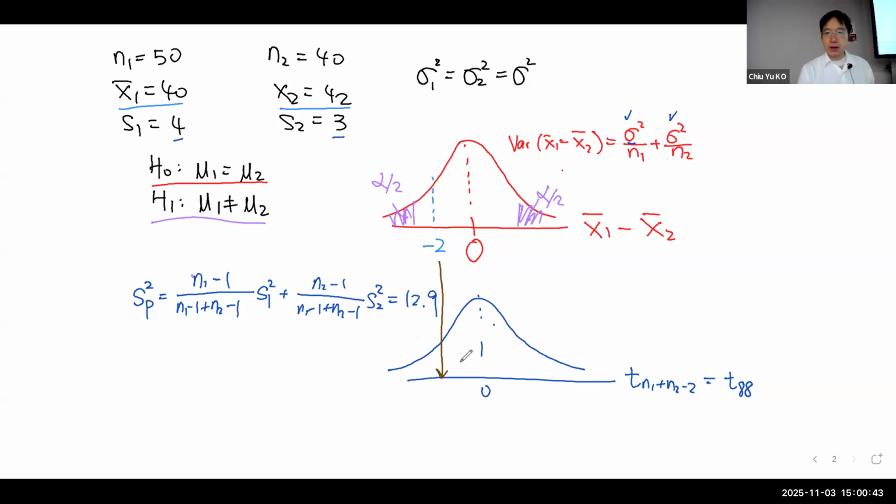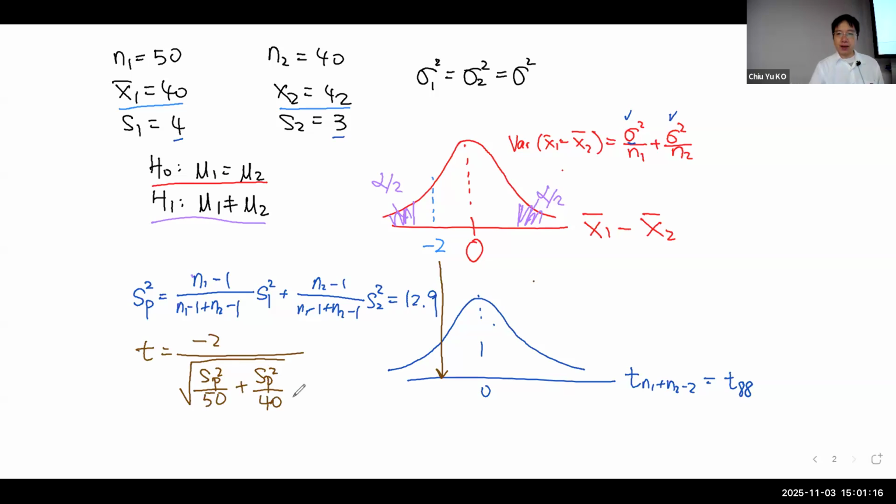And we divide this by the square root of the standard error. So the t statistic, the t value, will be negative 2 over the square root of SP square over N1, where N1 is 50, plus SP square over N2, where N2 is 40.